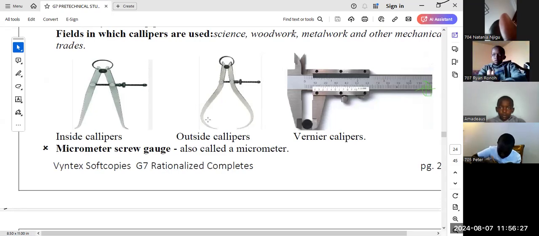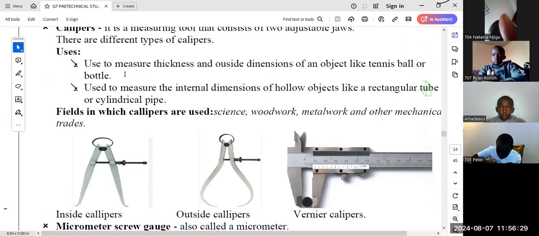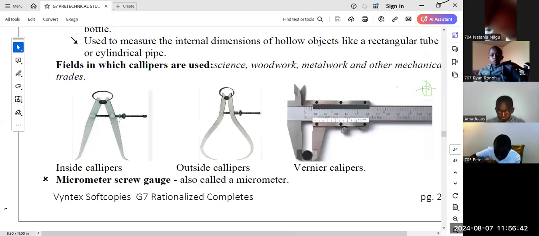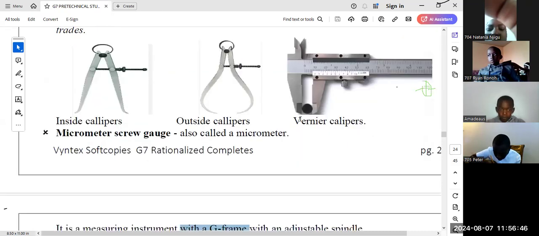Now, all these three are used to measure thickness and outside dimension of an object, like a tennis ball or bottle. So you adjust from this end here, either to the inside or to the outside.